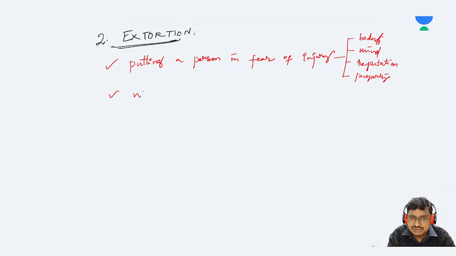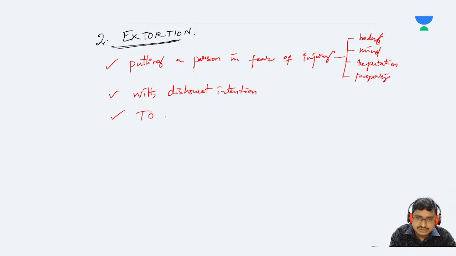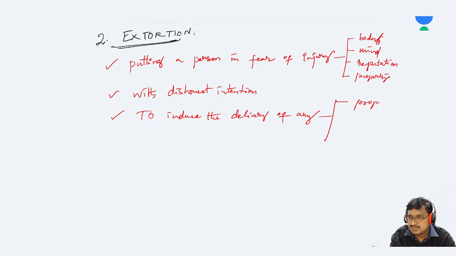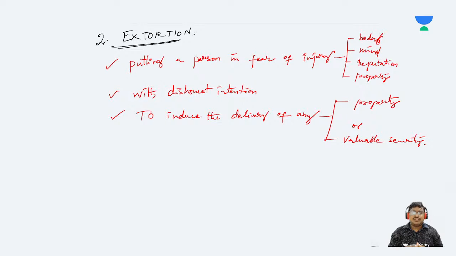Then, with a dishonest intention, to induce the delivery of any property or valuable security. These three are the ingredients of extortion.